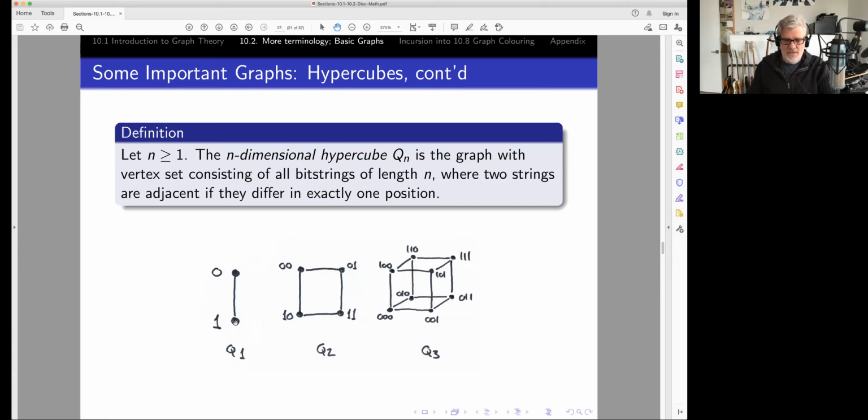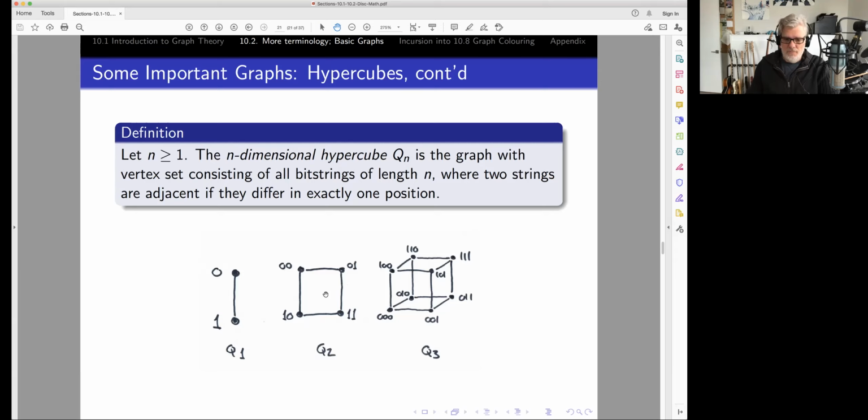It's the same as this, except that you added a 0 to both bits. And this is another copy where you added a 1 to both these bits. In other words, you take this Q1, you make 2 copies of it, and you connect the copies in the obvious way. There's the 0 copy and there's the 1 copy, and you just connect them like that.